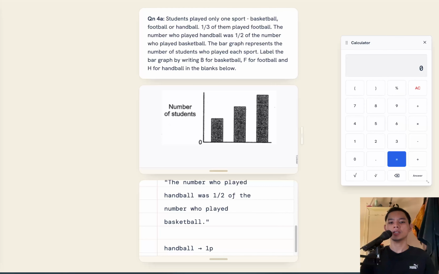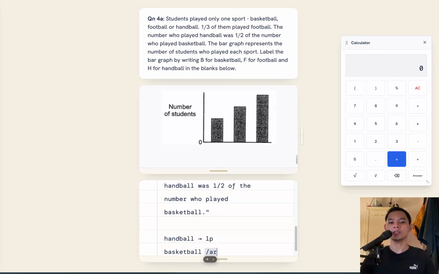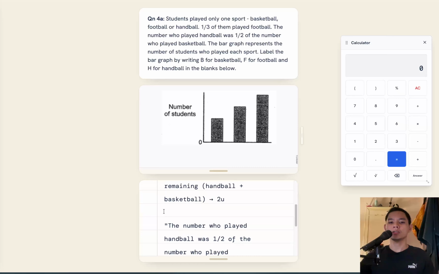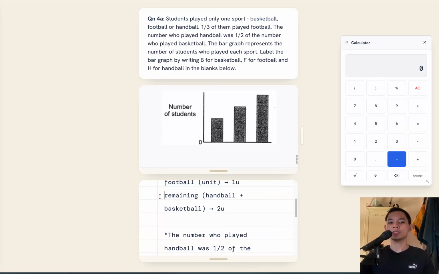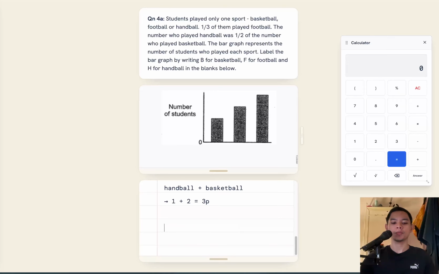handball is 1 part and basketball is 2 parts. So the remaining 2 units: handball plus basketball equals 1 plus 2, equal to 3 parts. Therefore 3 parts is equal to 2 units, so 1 part is equal to 2 divided by 3 units.